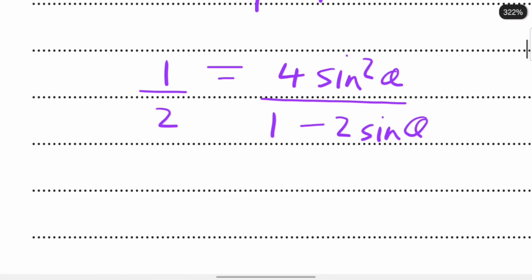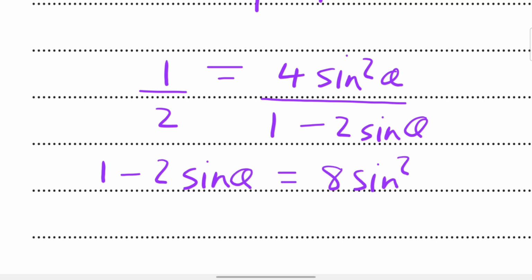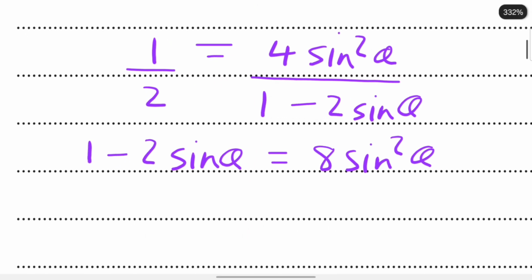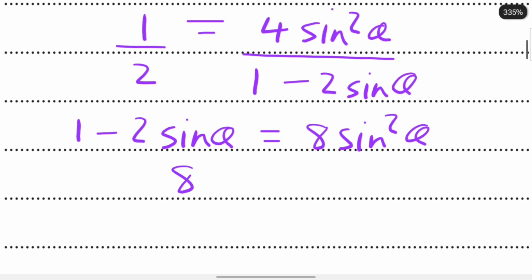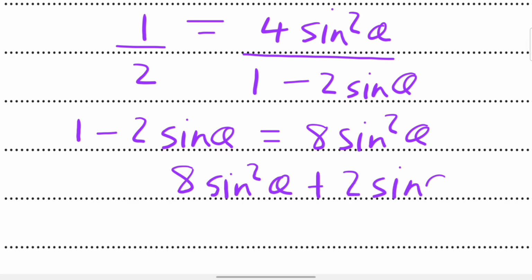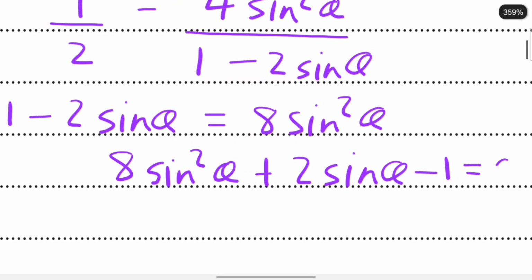And cross multiplying here, we get 1 minus 2 sine theta is equals to 8 sine squared theta. And I'm going to take everything to the right hand side to get 8 sine squared theta plus 2 sine theta minus 1 is equals to 0, right?